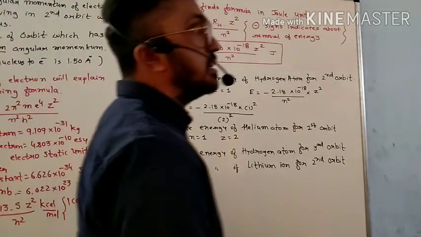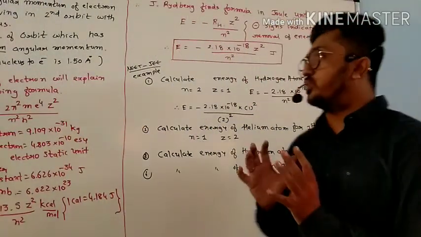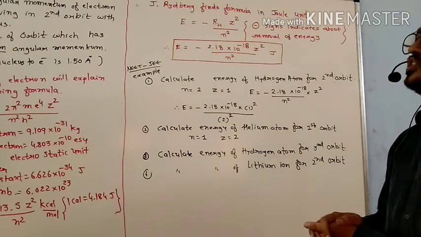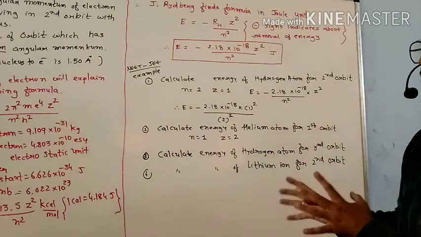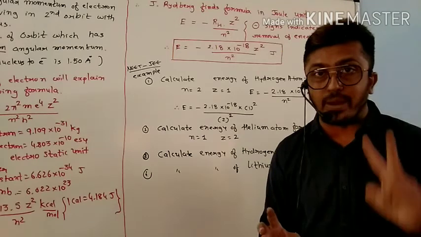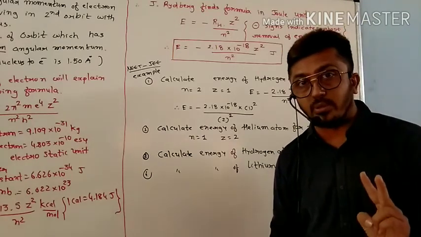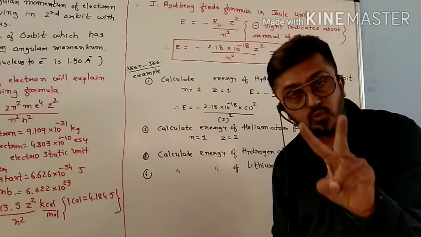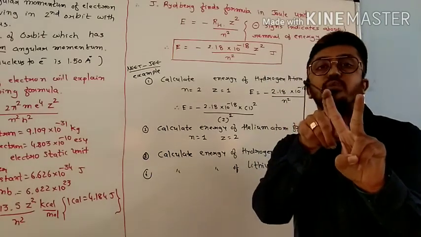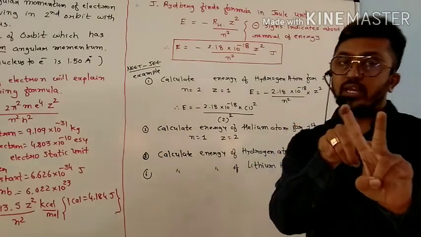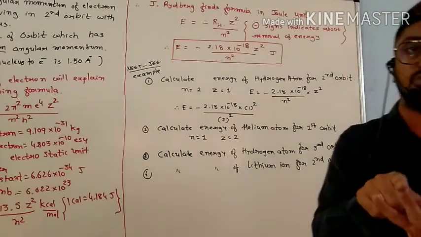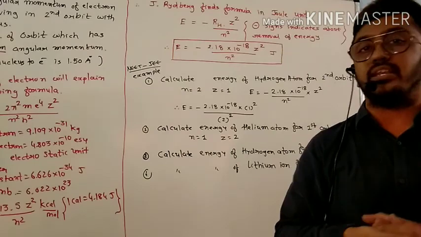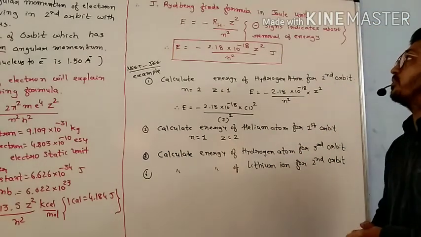So dear students, we have achieved important formulas about the calculation of energy for an electron in joule. In today's lecture part 2, Bohr atomic model, we have explained only two formulas. Number one, MVR is equal to NH upon 2 pi, and the second one, E is equal to 2.18 into 10 raised to minus 18 Z square upon N square.